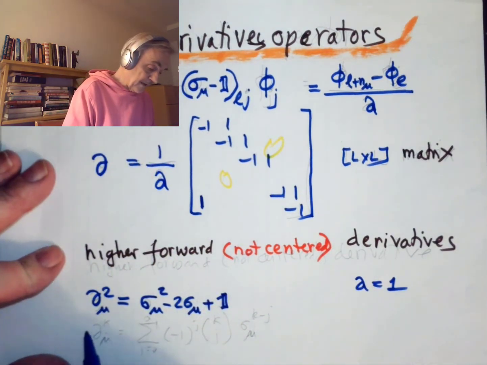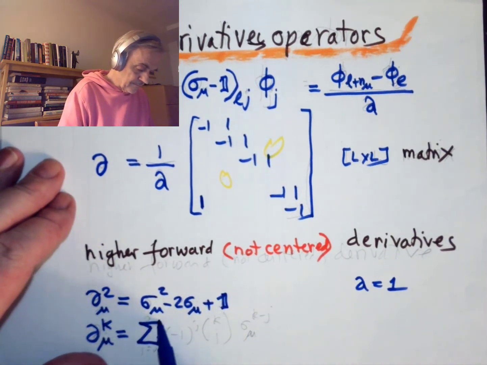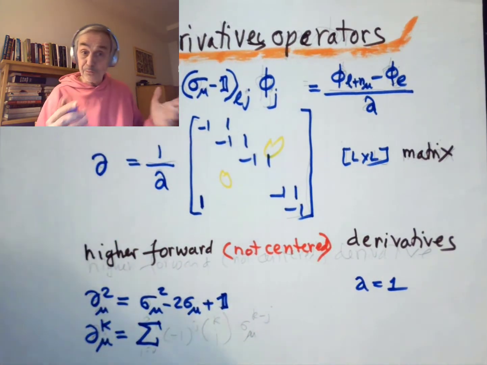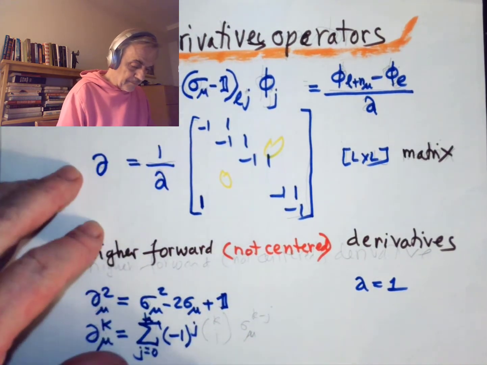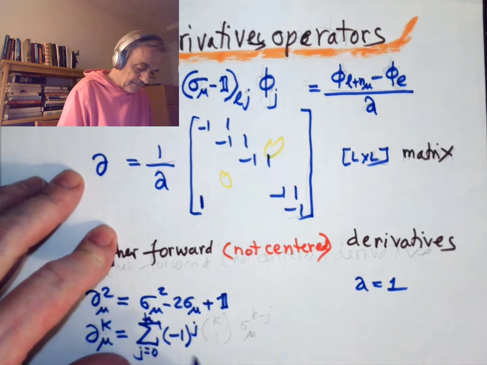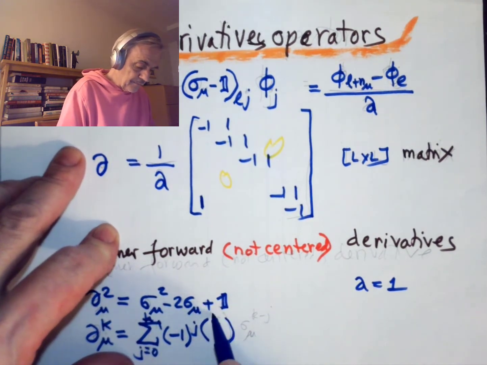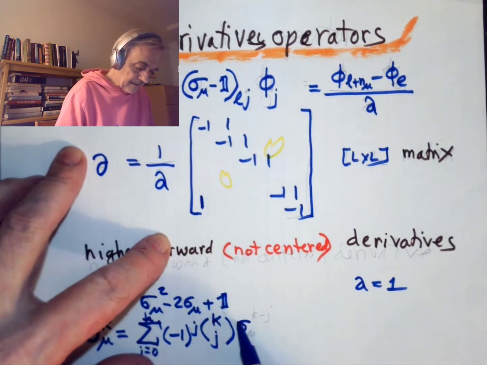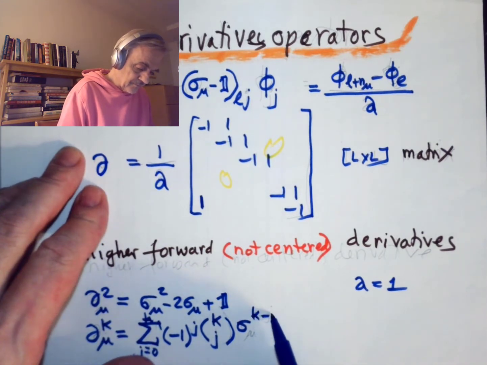I can take the kth derivative. And I use a famous theorem. I have something that has two elements. I raise it to power k. I use the binomial theorem. There is a minus, so depending on how many powers of minus I have, that's for this guy. And then it's the binomial theorem, so I have to take k choose j. And then I raise it to powers of k minus j.